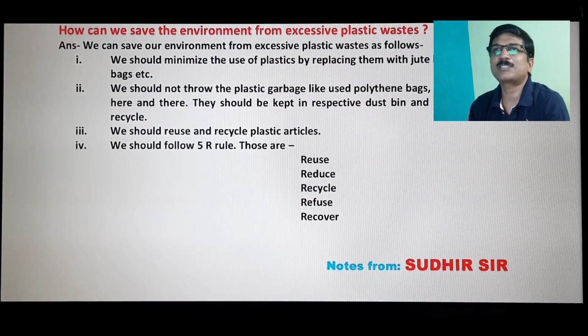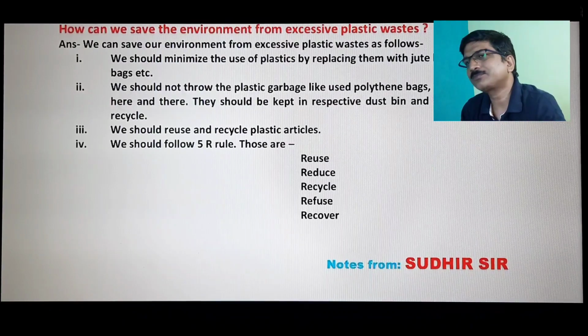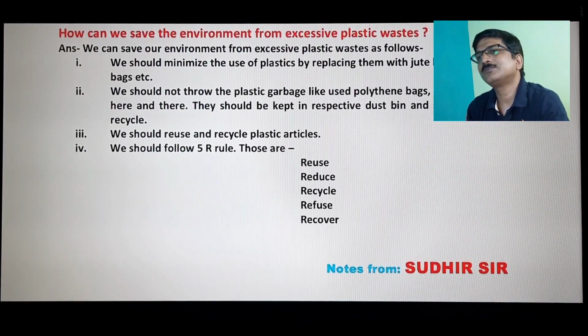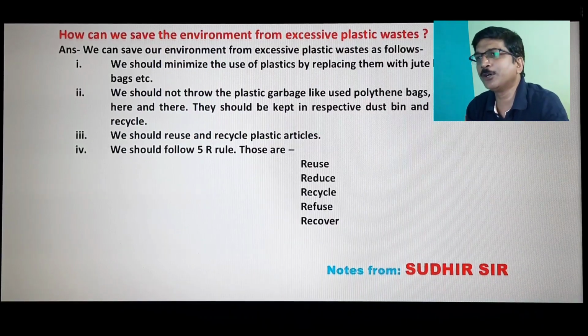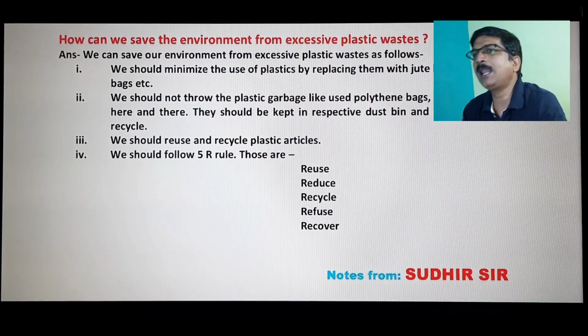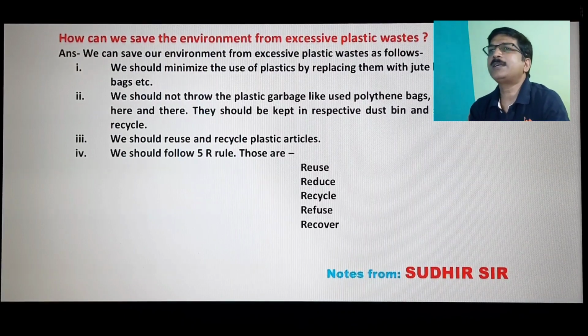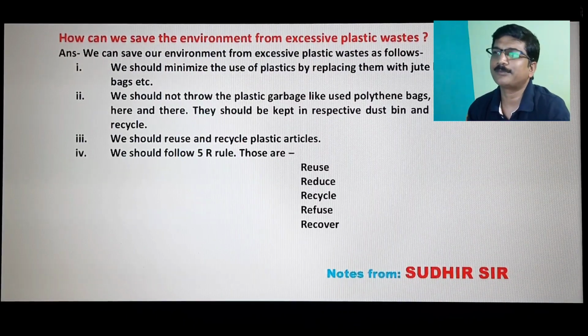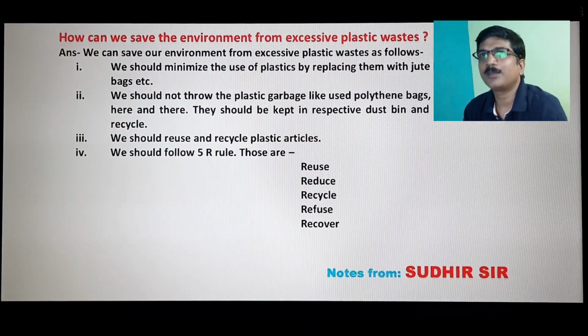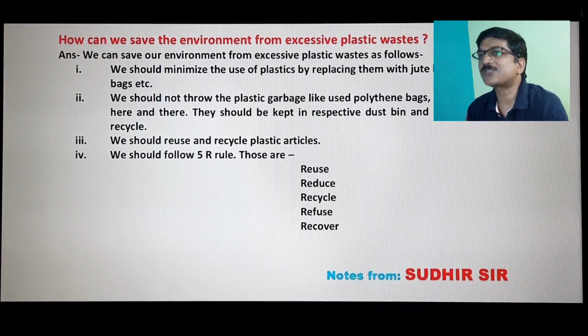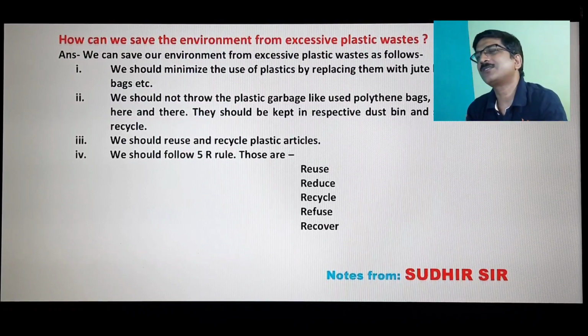There is a rule that is called the 5R rule. What are those? Those are reuse, reduce, recycle, refuse, recover. If we obey these 5R rules, then we can save our environment to some extent.